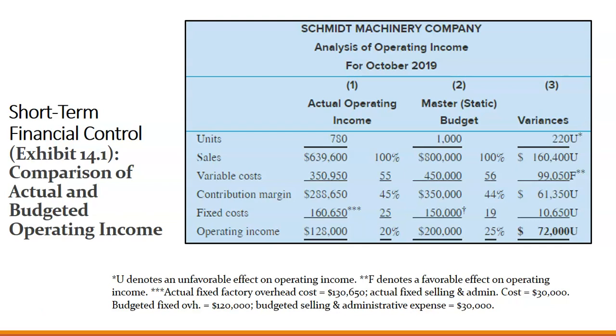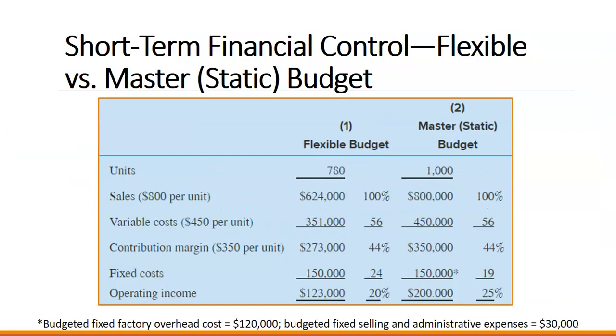So we would design a flexible budget at our actual amounts to determine what our master budget would have been if we had created it for 780 units. Here we have a 780 unit flexible budget that is based on our master budget rate: sales of $800 per unit and variable costs of $450 per unit.